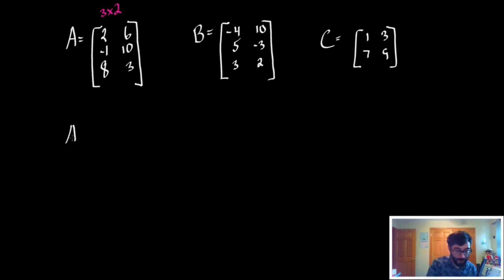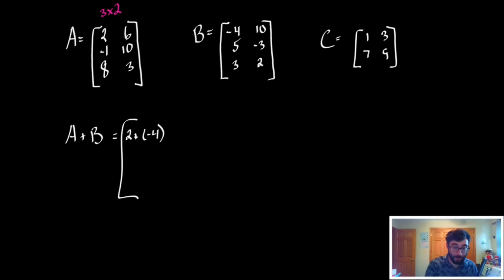For example, if I try to do A plus B, since I'm adding, I would add their corresponding entries. What do I mean by that? Notice that in matrix A, 2 is in the first row in the first column. So I would do 2 plus the corresponding entry in matrix B, which is -4, because both of those entries are in the first row and first column of their respective matrix.